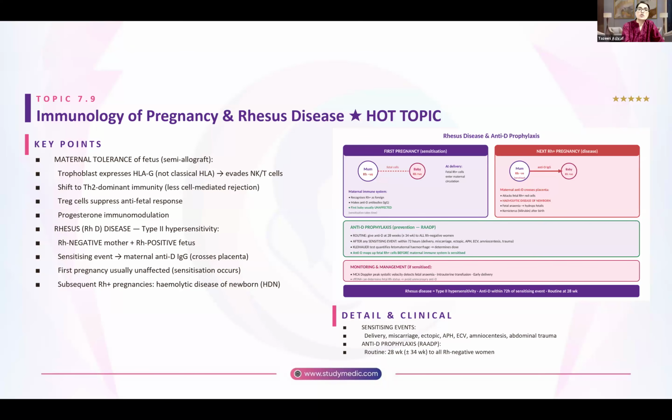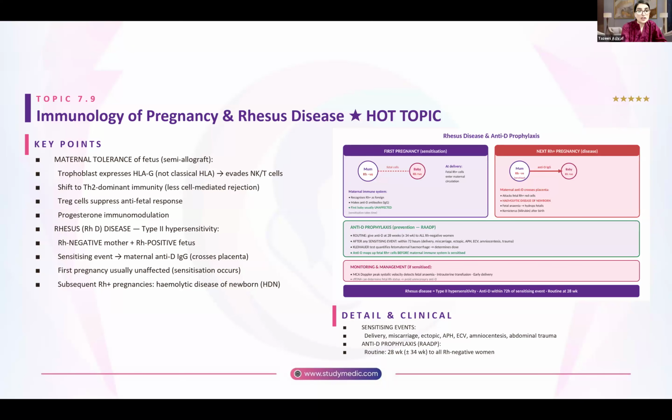Immune tolerance of the fetus: basically, it acts as a semi-allograft, and the trophoblastic cells, as we discussed earlier, express HLA-G, not classical HLA, and evade natural killer cells and T cells. Then there are the immune changes in pregnancy: the shift is to Th2-dominant immunity, with less cell-mediated rejection, and these cells suppress the anti-fetal response.